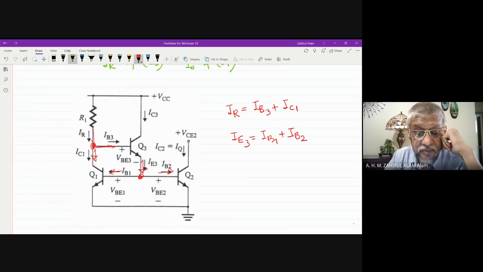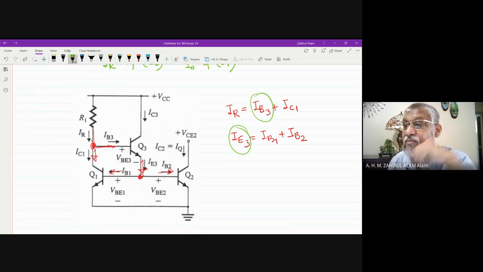Now this IB3 is related to IE3, as we found last time.